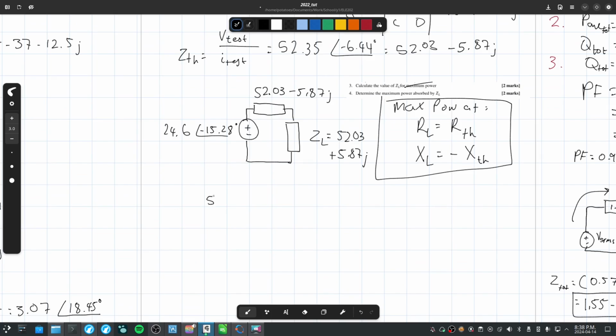And remember, we did this in question 5. We did question 5 before question 4. That the maximum power is going to be V or 1/2 of VI, or V RMS I RMS. It is the same thing.